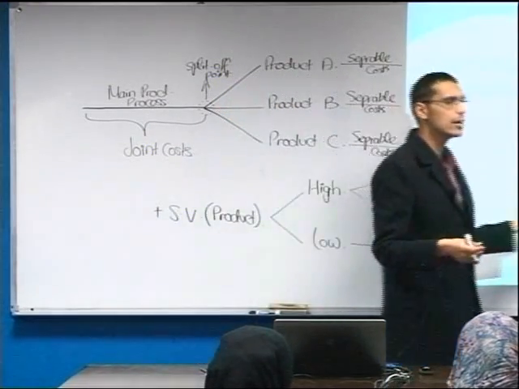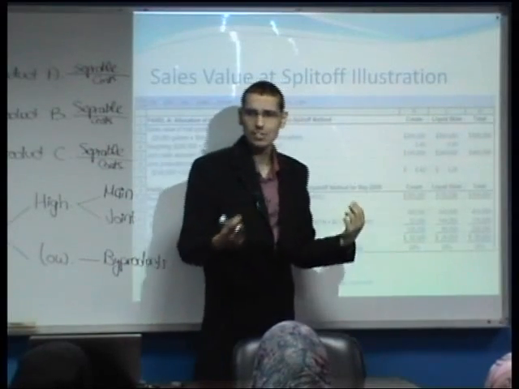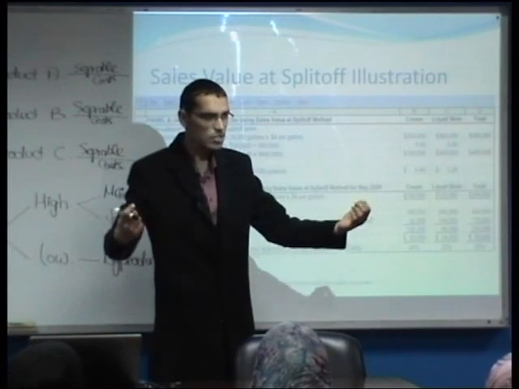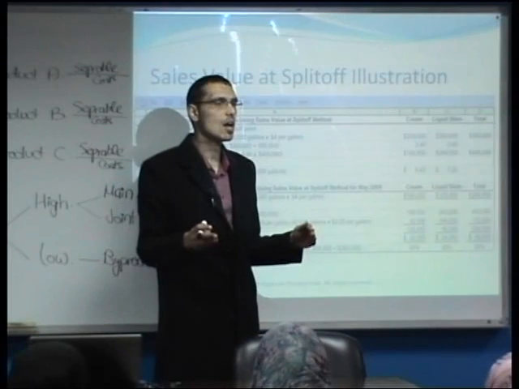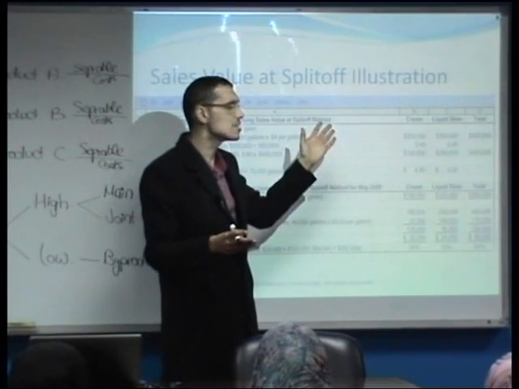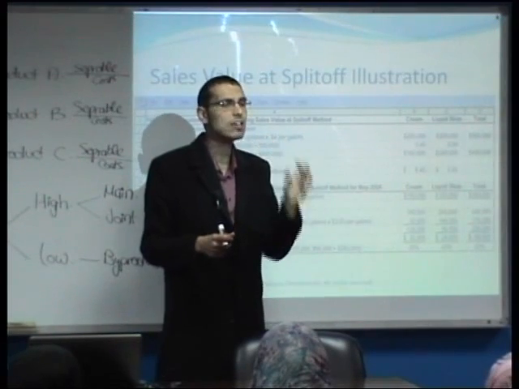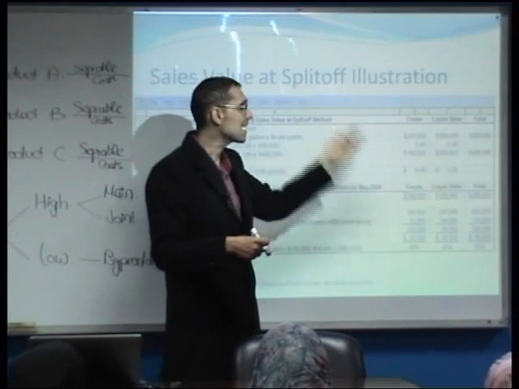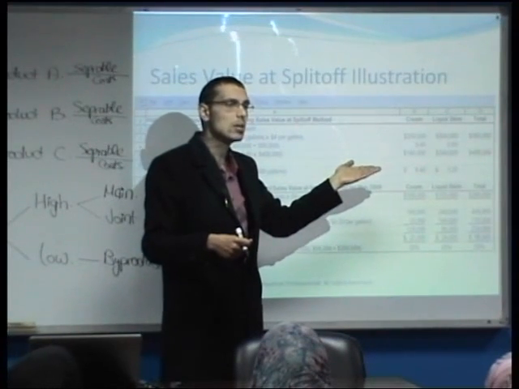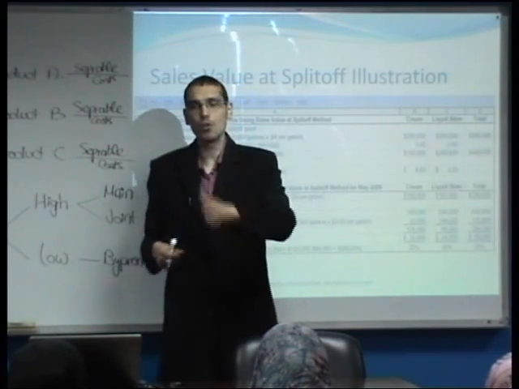Therefore, as we can see here, we calculated the percentages, therefore we need to allocate the $400,000 using these percentages. The first product, which is the cream, would be allocated 40% of the 400,000. And the second, which is the liquid skim, would be allocated 60% of the 400,000.